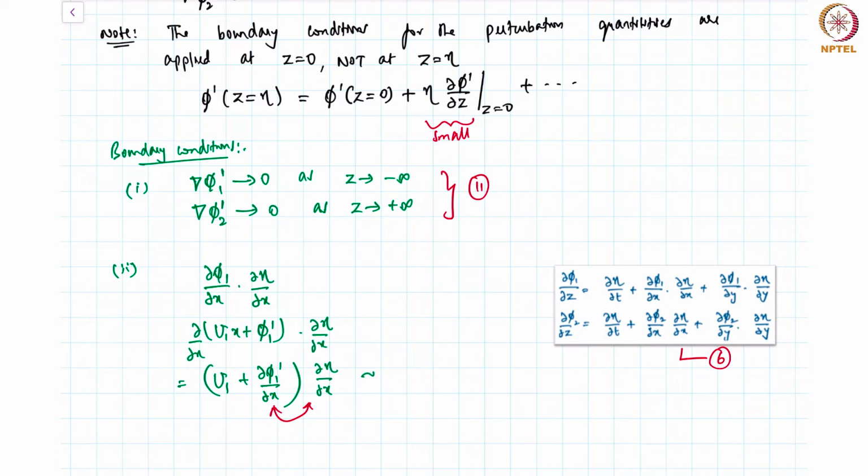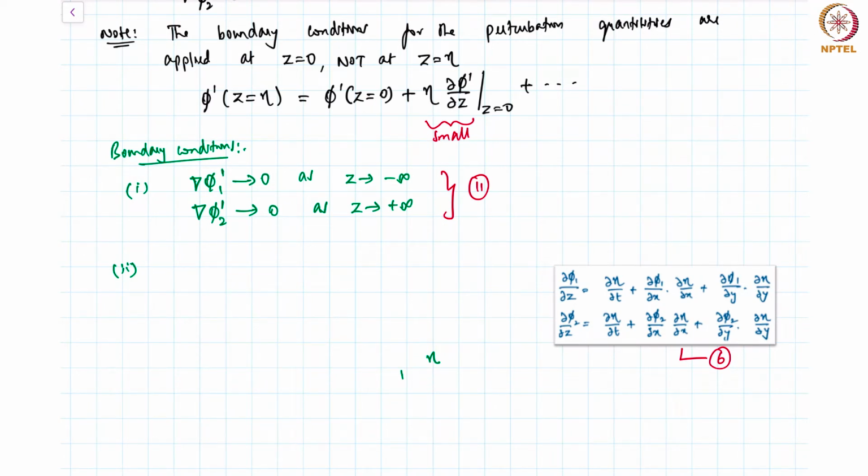Therefore, what you essentially get is u1 times del eta by del x. That's what you would get. Now similarly, the other term in the boundary condition, which will be del phi 1 by del y times del eta by del y, both are small because this essentially becomes del by del y of u1x plus phi 1 prime times del eta by del y.